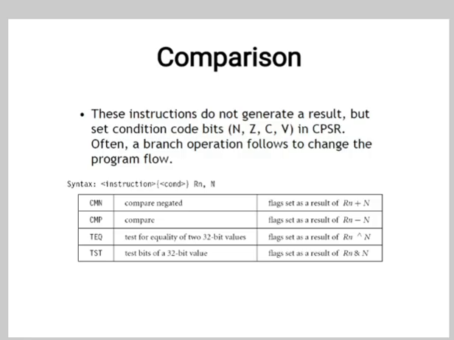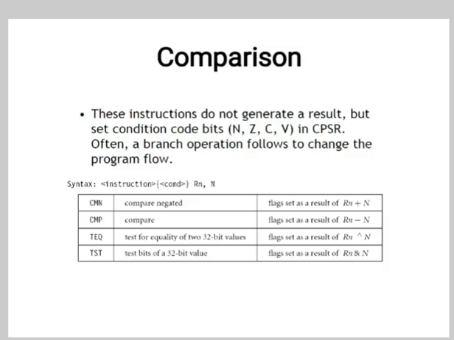So for comparison, there is a variety of instructions. CMP is compare, and CMN is compare negated. Next is TEQ, test for equality of two 32-bit values, and TST is test bits of 32-bit values.